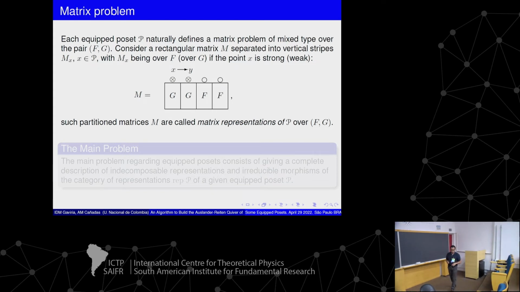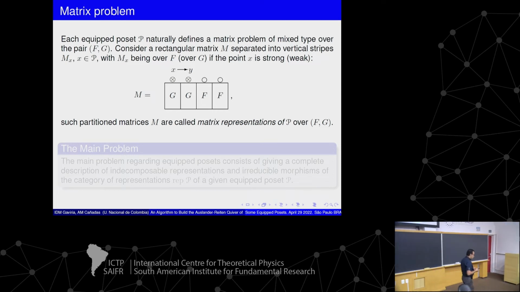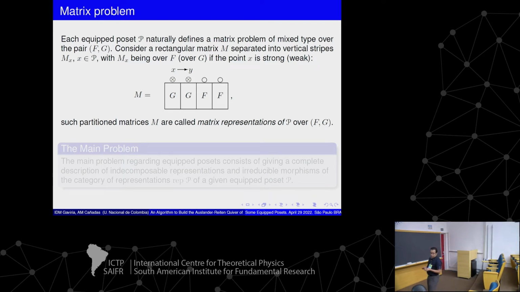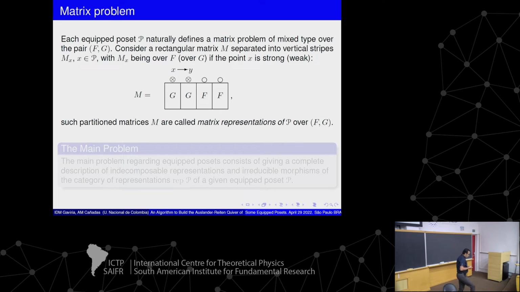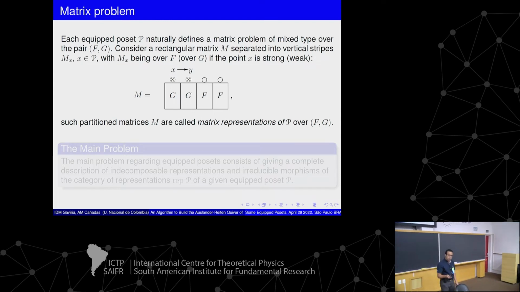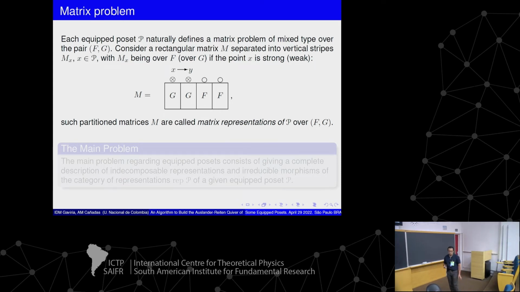Nazarov and Roiter translated the conjecture of Brauer and Thrall, and they transferred all this information to the language of matrix problems. After that they translated this information to poset theory. For that reason, the equiposets also have a matrix problem. Here, there is a matrix representation associated to a poset.